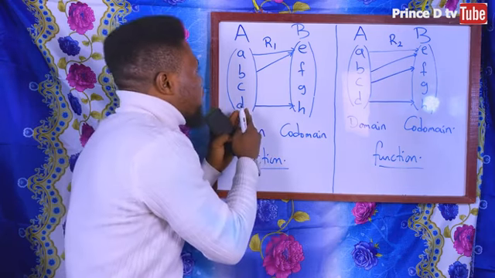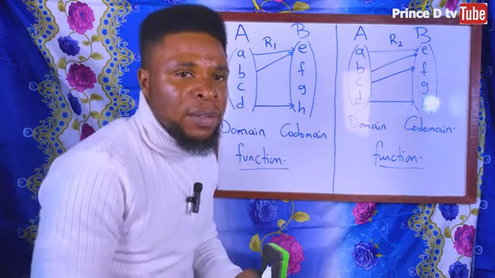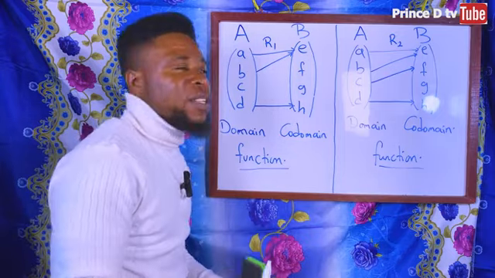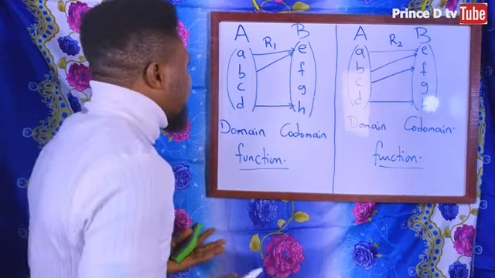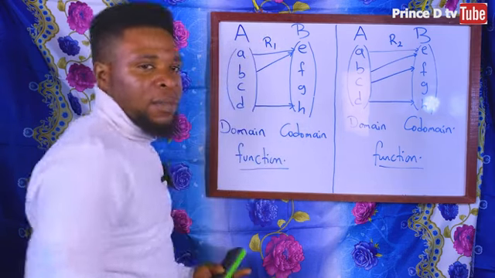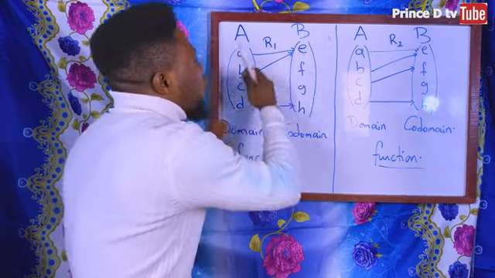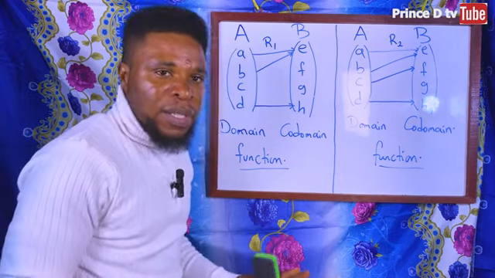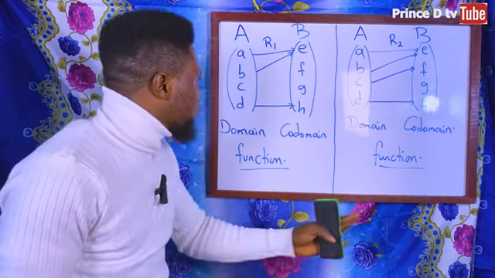So each element in A must be connected to only one and exactly one element in the second set. So here, let's verify. We have A, B, C, and D. A is related to just one element, which is E. That verifies that it is following the rule of function.